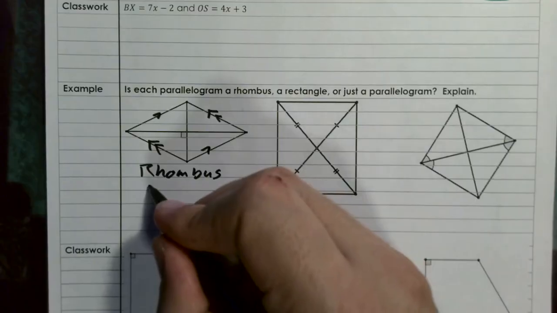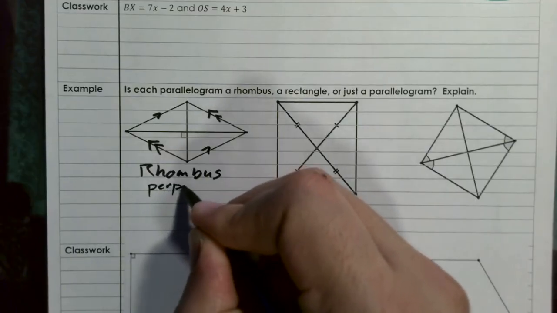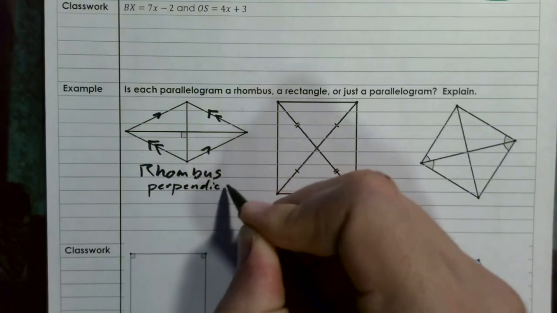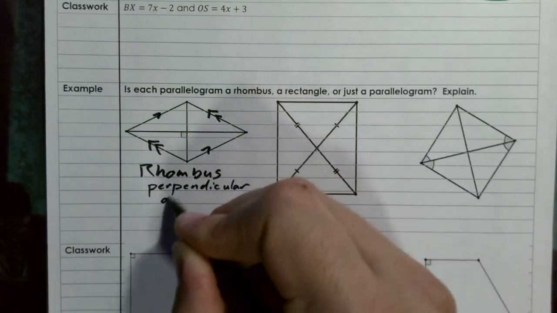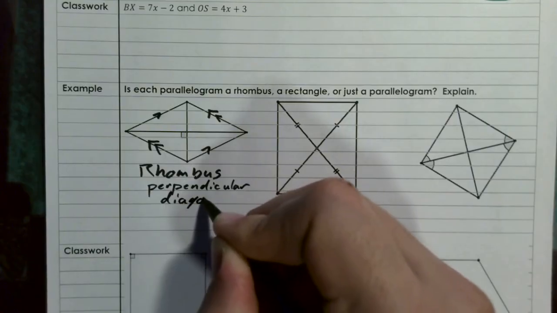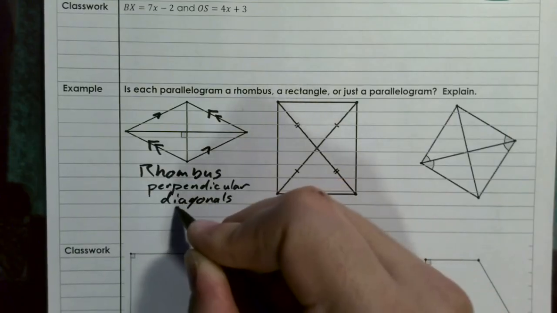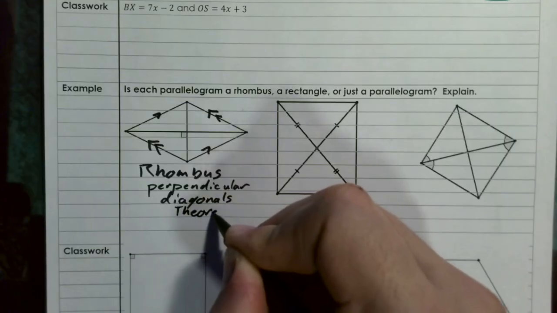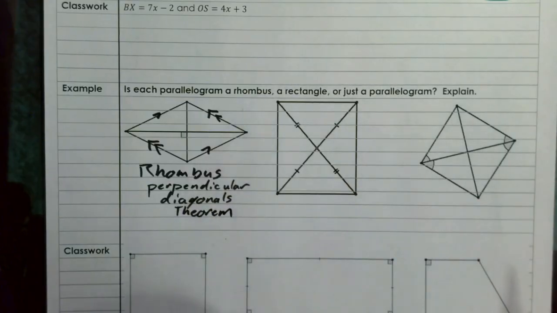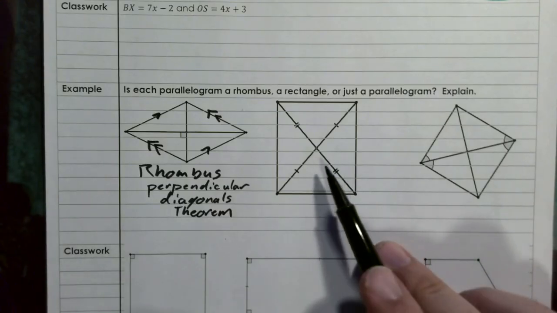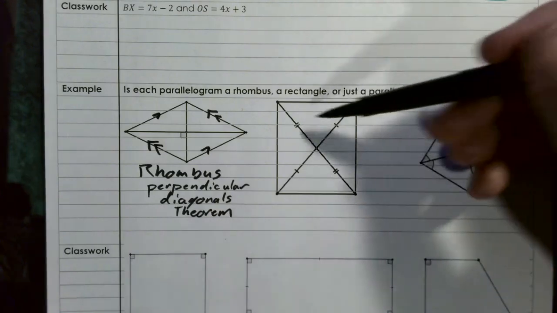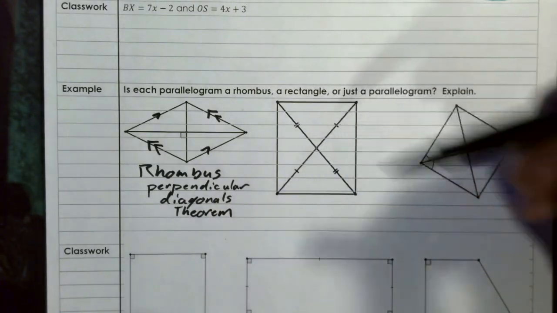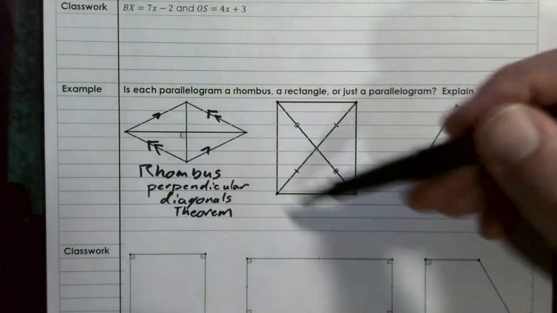That is using the perpendicular diagonals theorem. So that means that since that thing is a parallelogram with perpendicular diagonals, it has to be a rhombus.